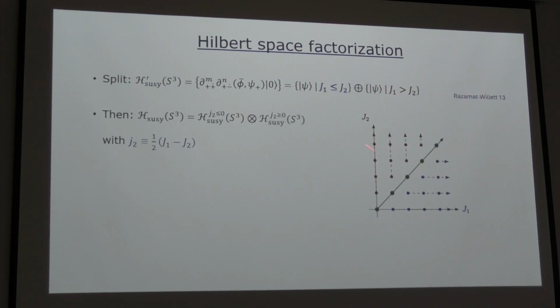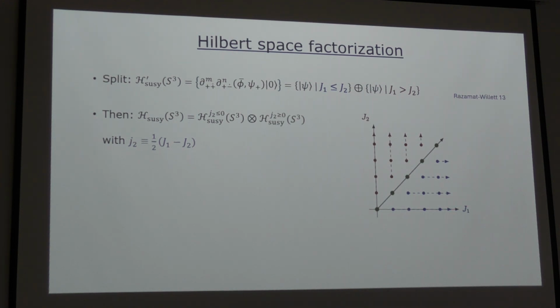Maybe in a picture it's easiest to understand. All these single letter states fill up this positive quadrant of the J1, J2 plane. I'm now artificially splitting this set into two subsets corresponding to this part and this part.